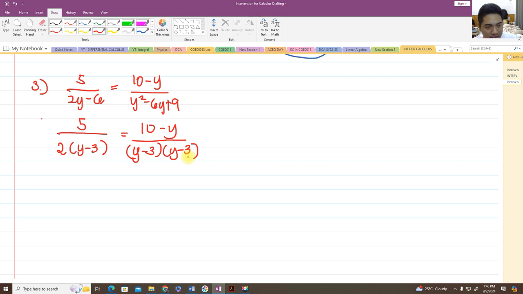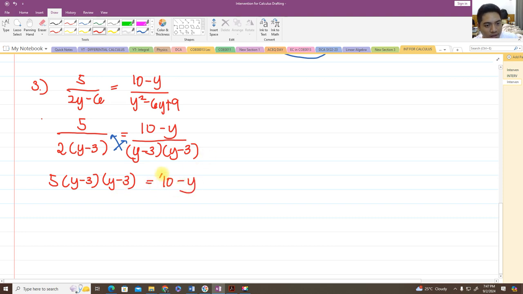If you're going to cross multiply, shall we? If we do that, that would be 5 times (y minus 3), then you have (y minus 3) here, equivalent to 10 minus y, all over 2 times (y minus 3). Right. But first, we need to get the LCD.